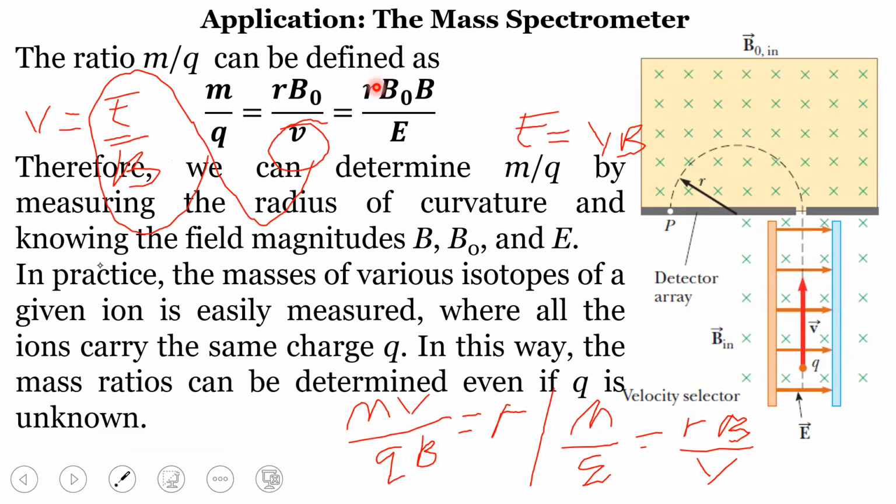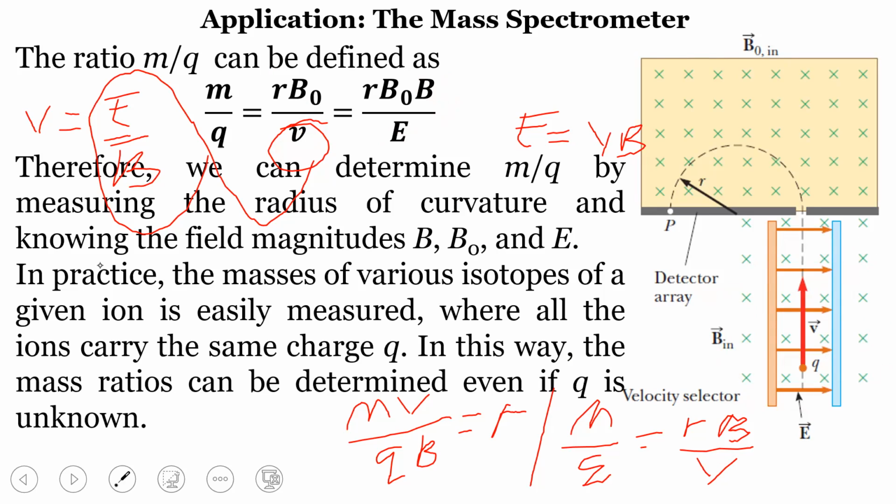B naught, which we use there, is talking about what happens in the second region. But from the expression of v, the velocity depends on the electric field and magnetic field at the velocity selector at this first region. And that is why we have B here and not B naught.